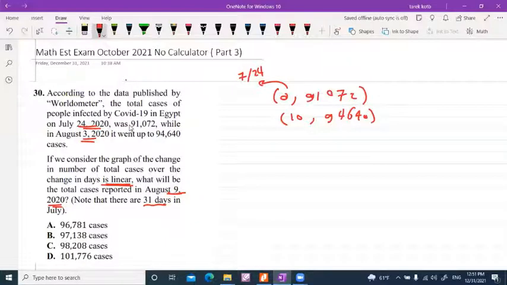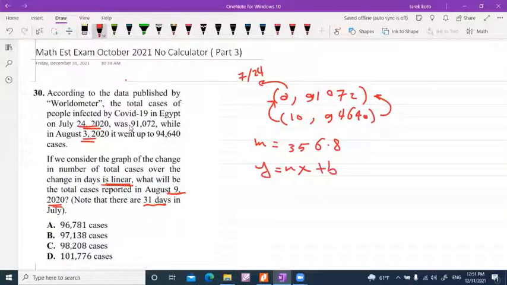I think using these two points we can form an equation. Can you get the slope? Yes, it is this minus this over this minus this. So the slope will be 356.8. The equation will be y equals mx plus b, which is 356.8x plus b, where b is the y-intercept.